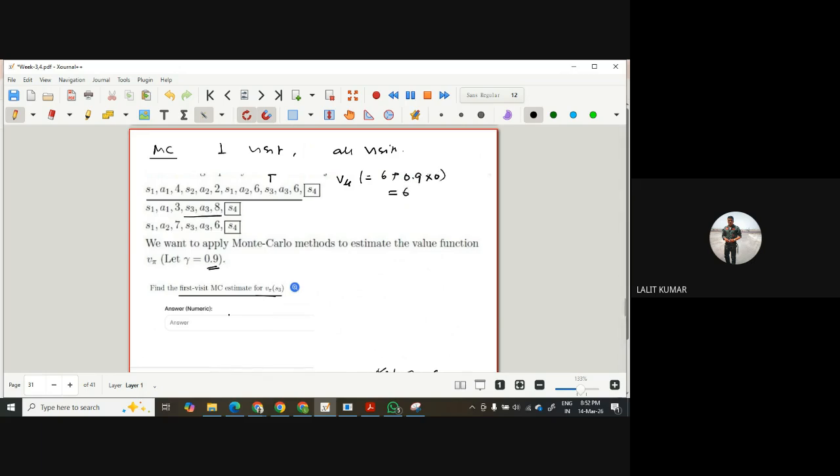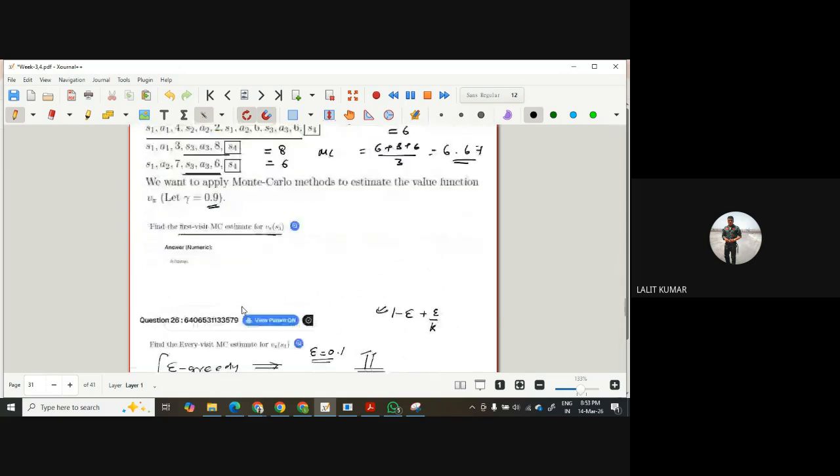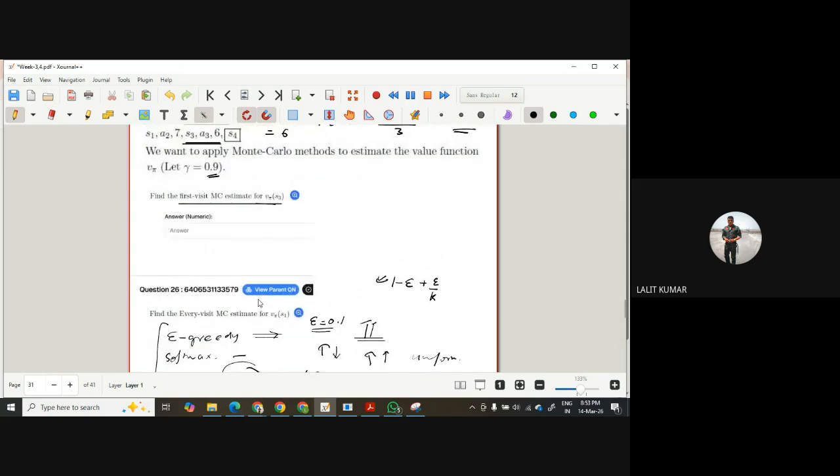Here it will become 8. Here S3 will become 6. So the MC estimate will become 6 plus 8 plus 6 divided by 3, which is around 6.67. The second question asks for the every visit MC estimate for V pi S1.